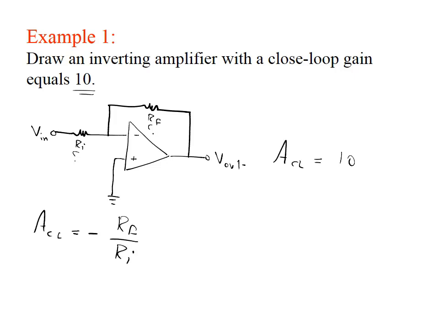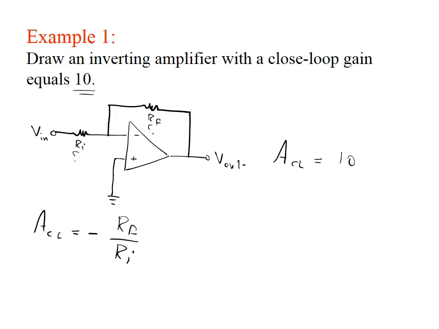So that's the closed loop gain for the inverting amplifier. Okay. So how can we determine the values of RF and Ri to give us 10? Most of you will directly say 10 over 1 will give us 10. But let's take this step by step.